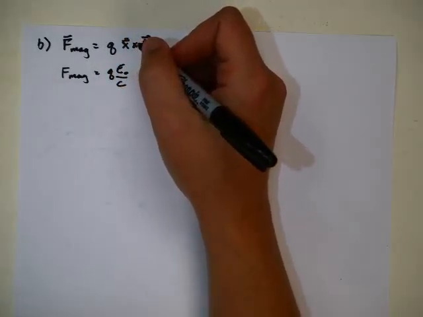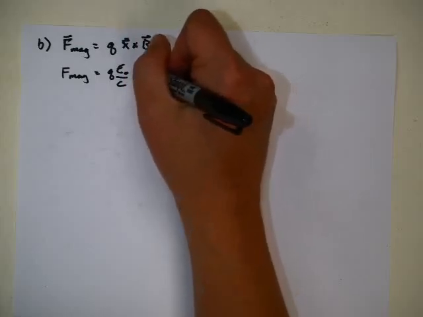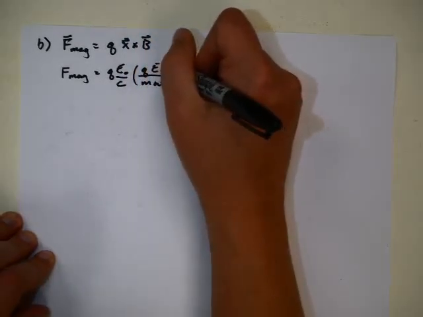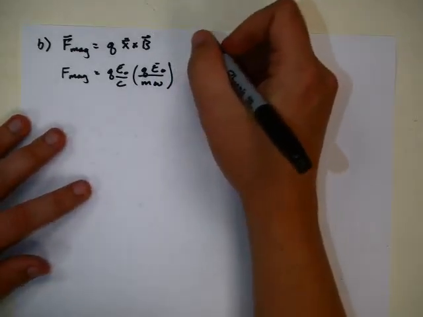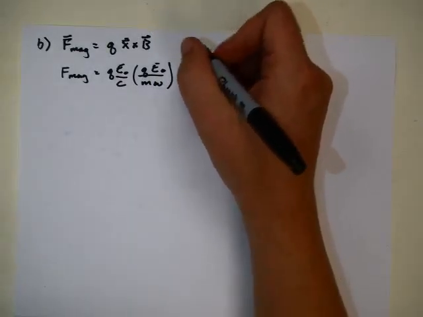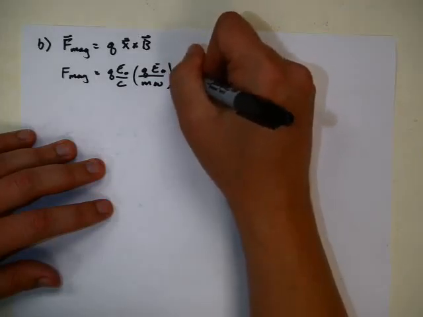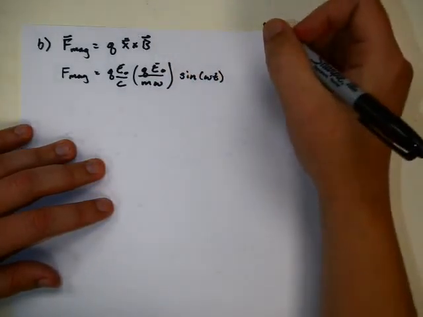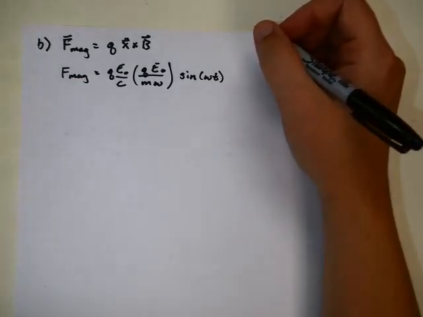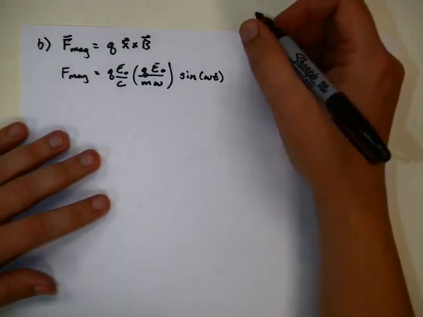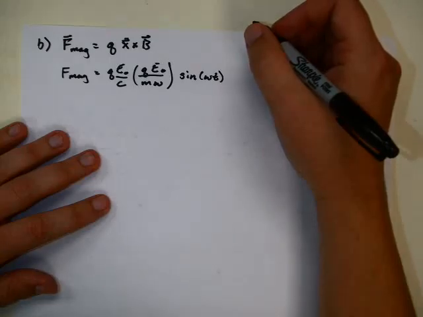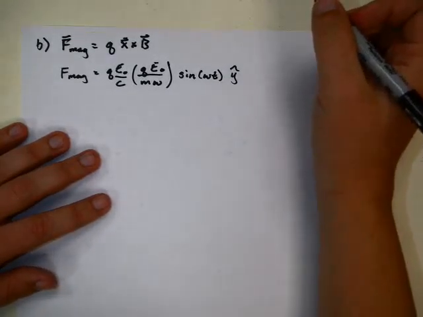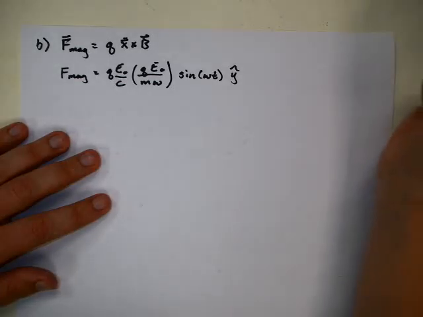The x hat, we can write this down. This is Q E naught over M omega. And then we have sine of omega t. Then we have the direction, which is z hat cross the B in the x hat, and so this will be in the y hat direction. That's it.